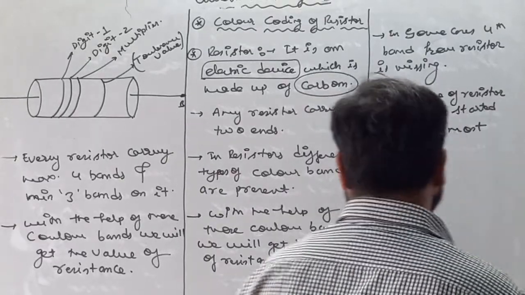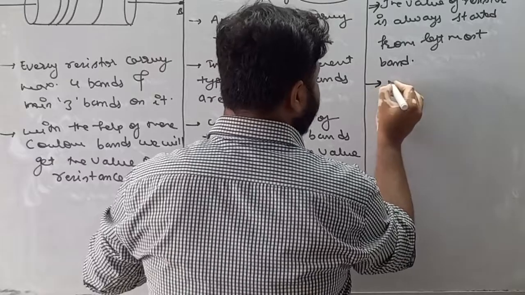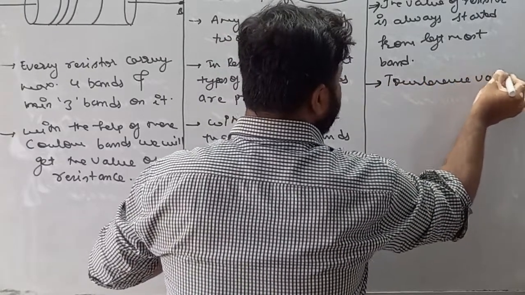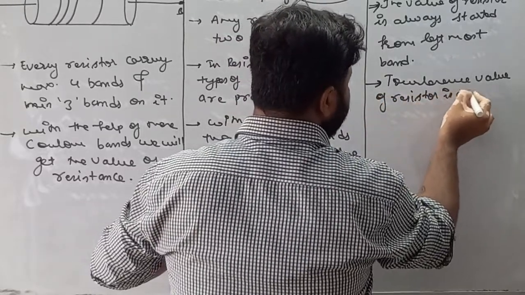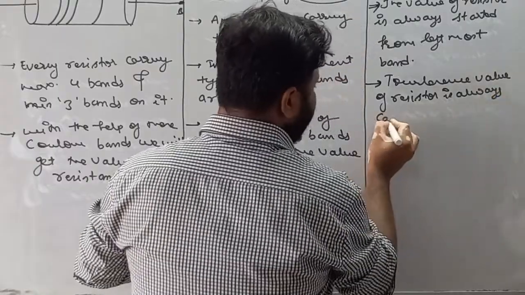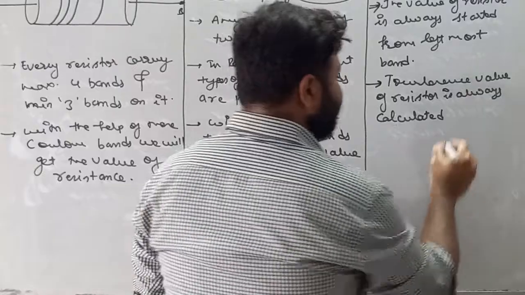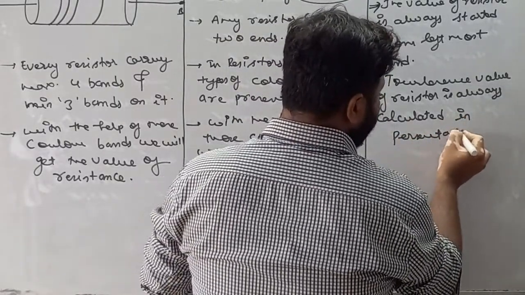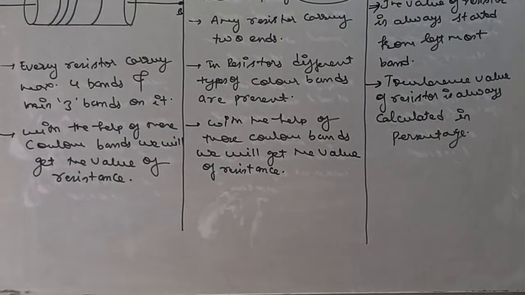And one more thing, my dear student, tolerance value is always calculated in percent. I'll write here, the tolerance value of a resistor is always calculated in percentage. Remember this thing.